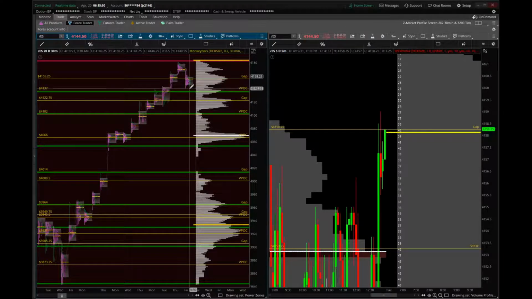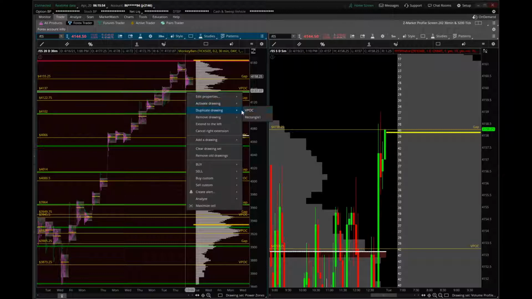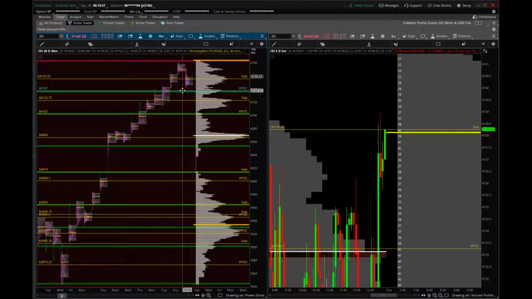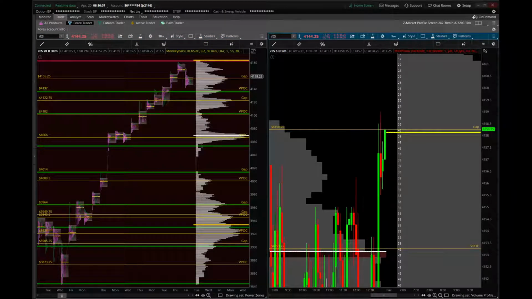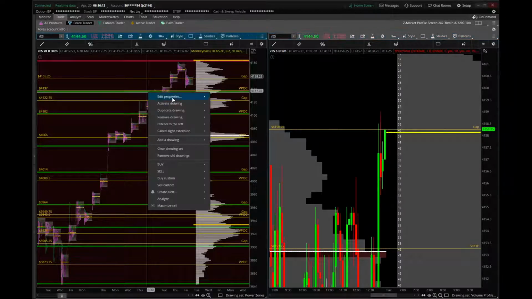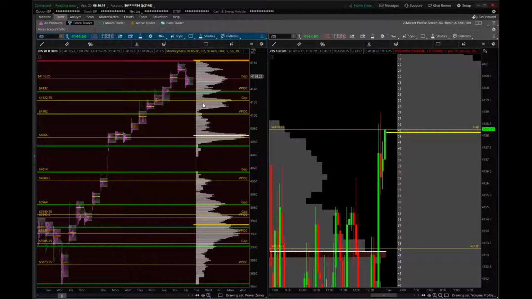And then we're going to do the VPOC, duplicate the VPOC, and the VPOC that we have is at, let me see, give me a second, 41.53 and a quarter, right? So we'll go here and just change this, 41.53 and a quarter. And now we have our VPOC over here.